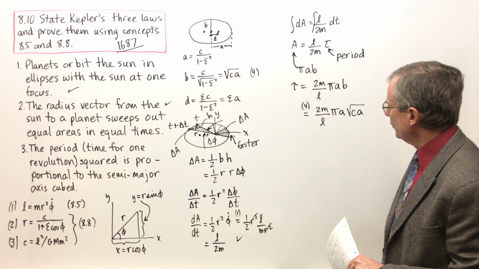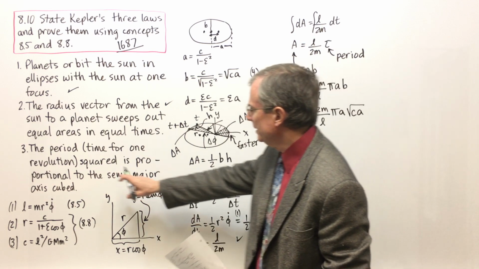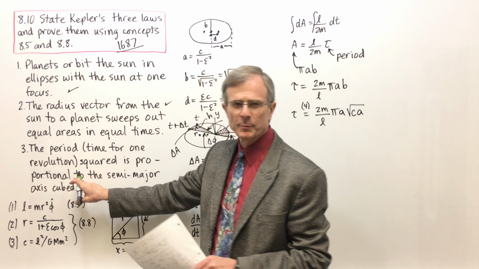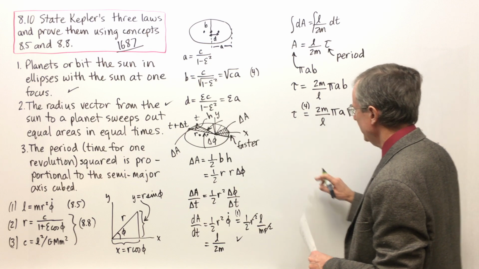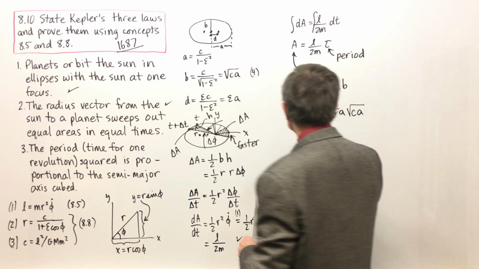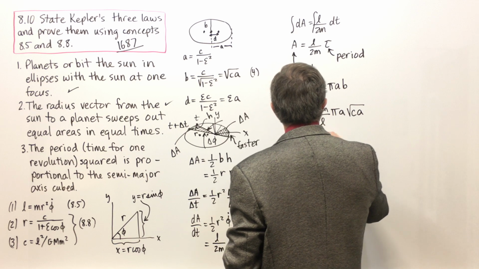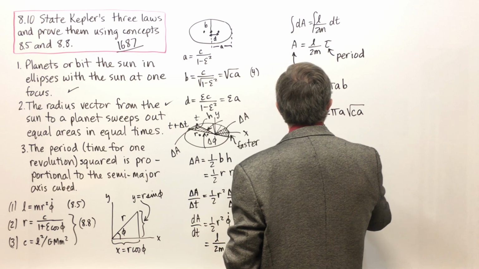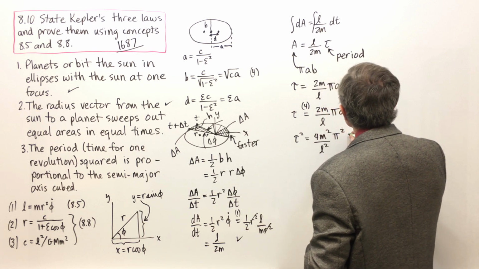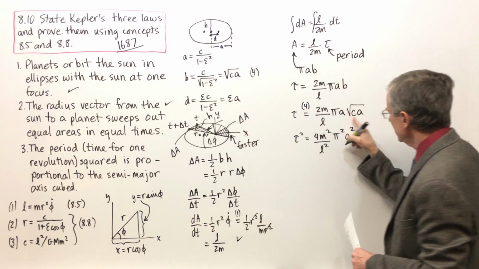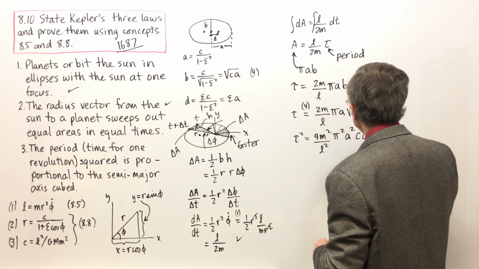And then, anticipating that it's going to be the square of the period that's related to the cube of the semi-major axis, I think you can start to see it right now. Let me square both sides of this equation. Times pi squared times A squared times the square root of CA squared, just CA.